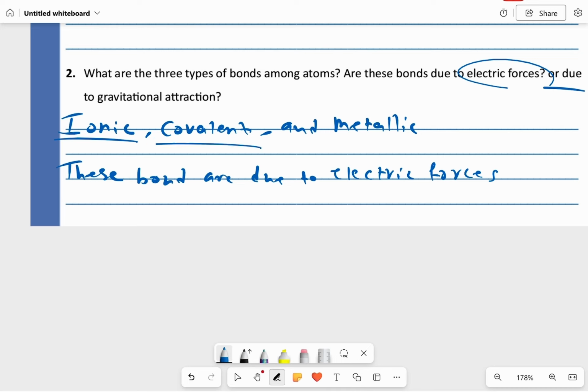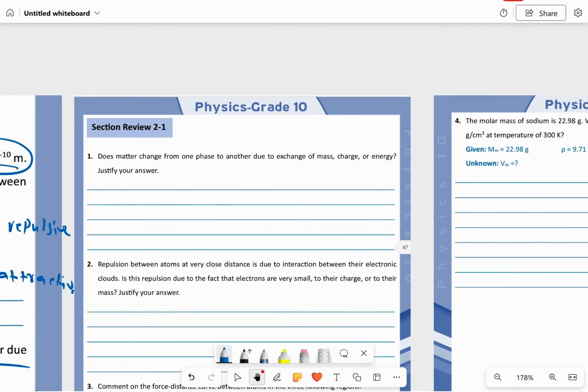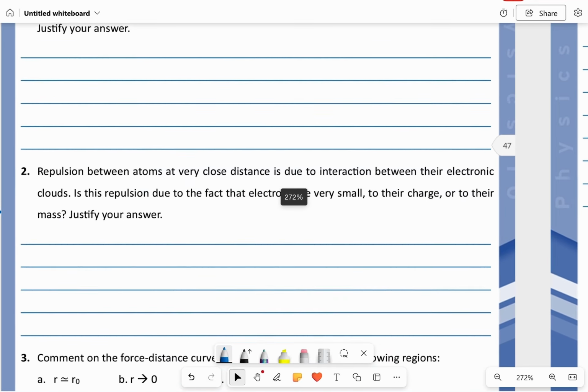You had covalent bond, which is about sharing electrons. And you had metallic bond, in which you had an electron moving freely in a sea of electrons. So you have electrons, so it's electric forces, okay? Positive and negative charges.